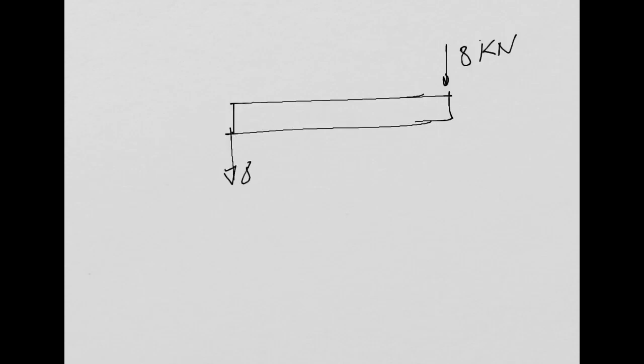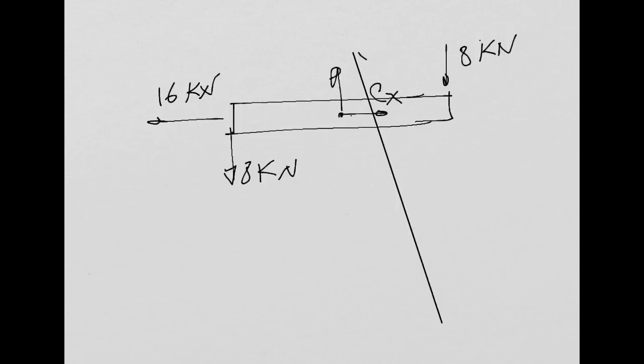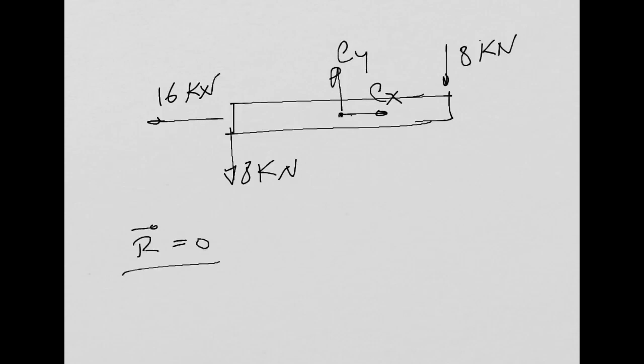This is 8, I think, and this is 16. Yeah, you can do this. It's perfectly fine. So this is your Cx, Cy. Then you calculate the resultant of the force equal to 0. You need to get the same thing.